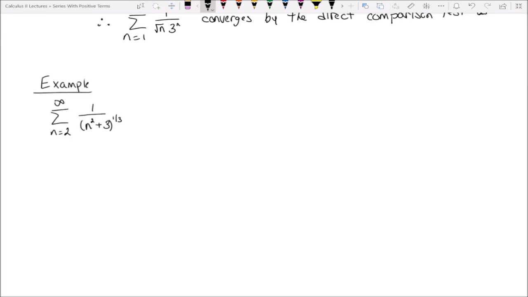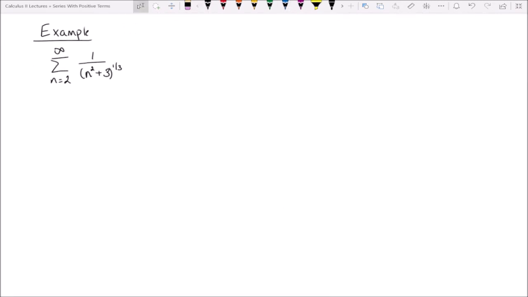Now we want to try and compare this with direct comparison. So we claim that n cubed is greater than or equal to n squared plus 3 for n greater than or equal to 2.